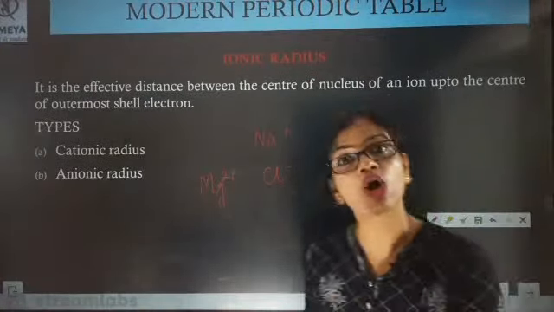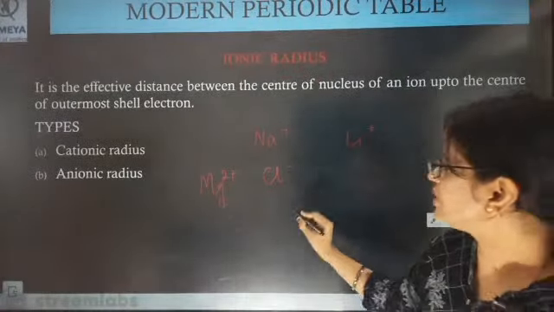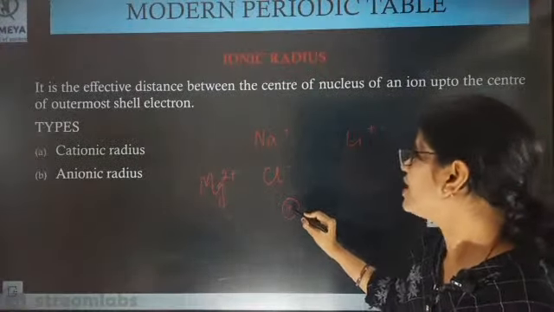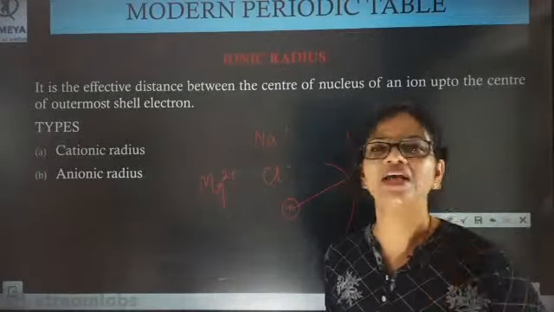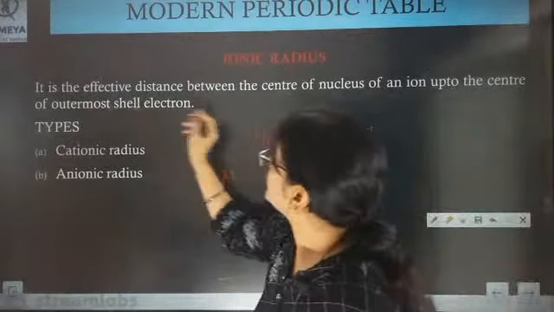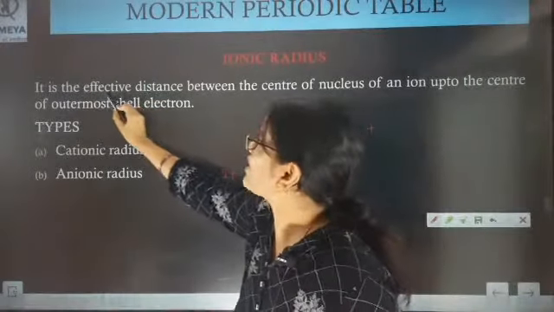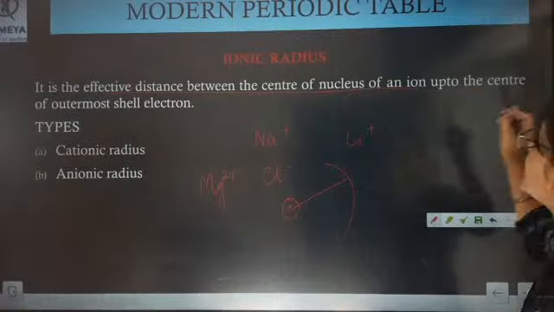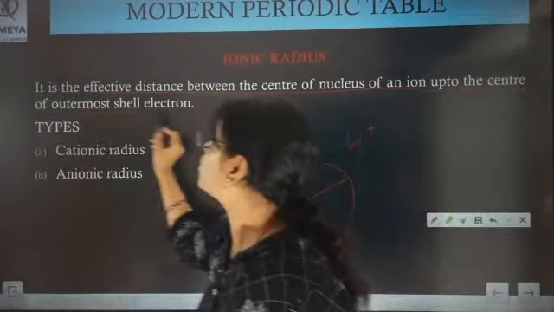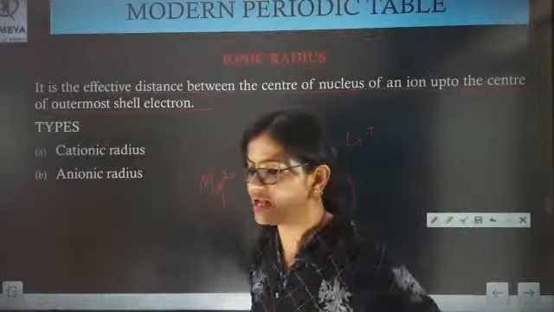So we are not talking about atoms, we are talking about ions. It is the effective distance between the center of the nucleus of an ion up to the center of the outermost shell electron.